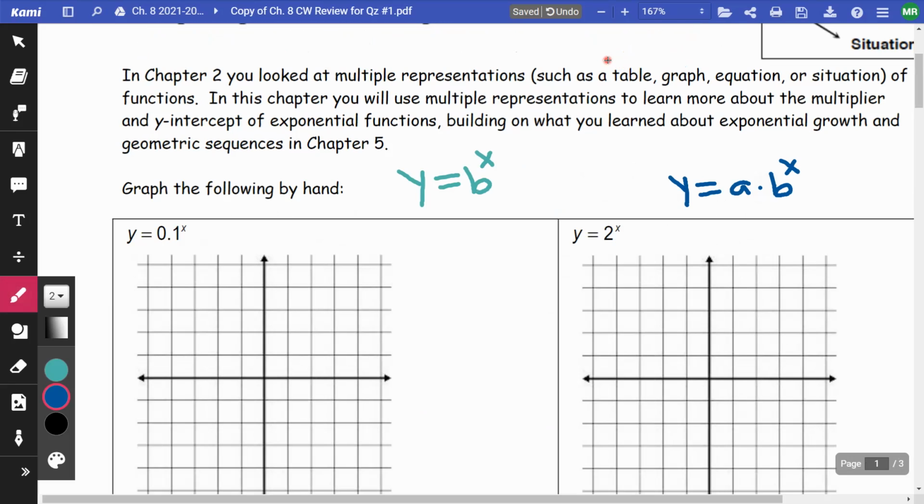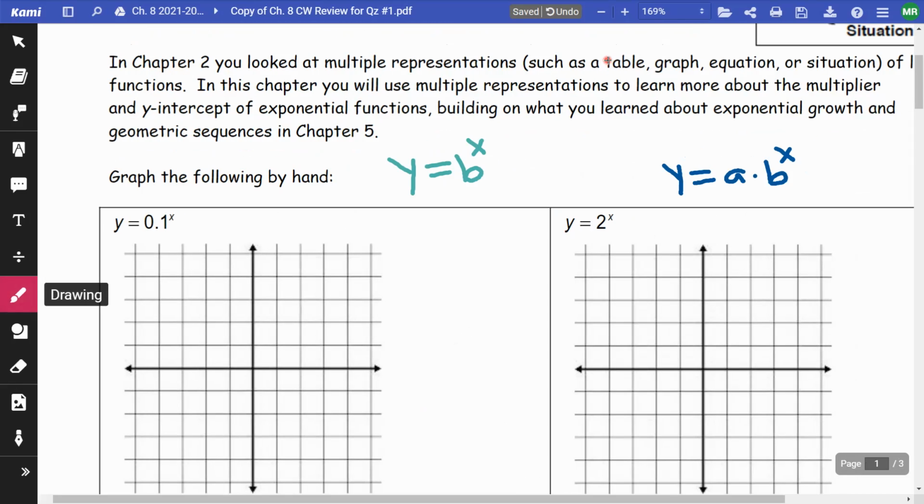Now, both situations are going to have an asymptote on the x-axis at y equals 0. Both of them are where we're timesing by our b. That's what we're multiplying by over and over and over again. Your b is going to determine if it is going to be increasing or decreasing.